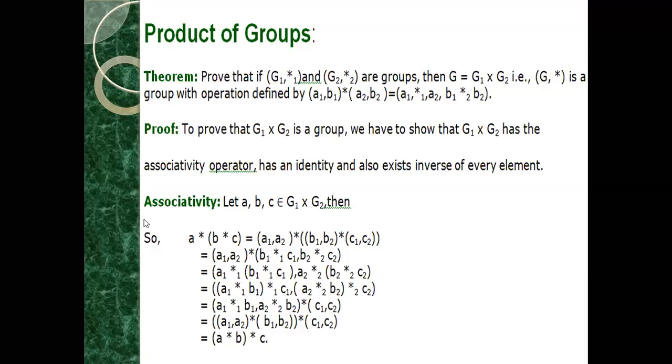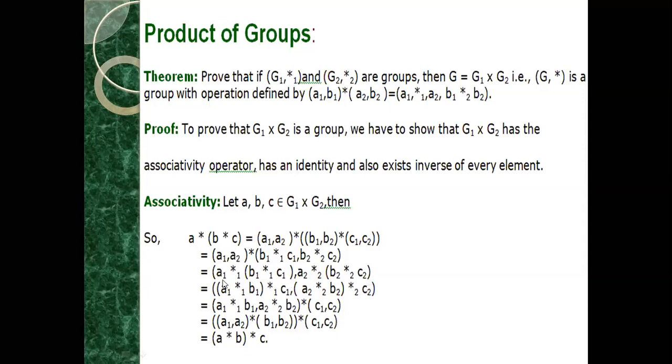So A1 star 1, and the first element in the second ordered pair is B1 star 1 C1. Comma, A2 star 2, and here the binary operation is the second group binary operation, that's why star 2, B2 star 2 C2. Okay.